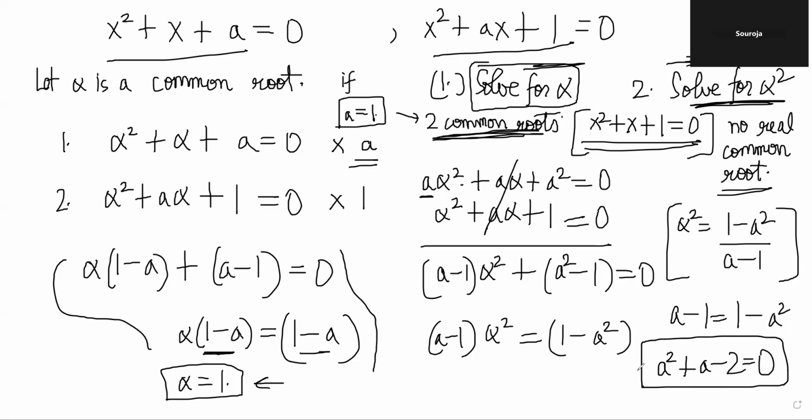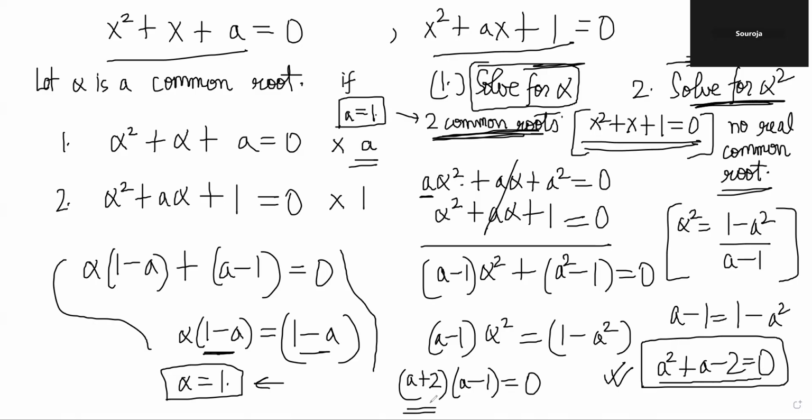And so the condition for common root is a square plus a minus 2 is 0, which will happen when a plus 2 and a minus 1 are the factors, right?